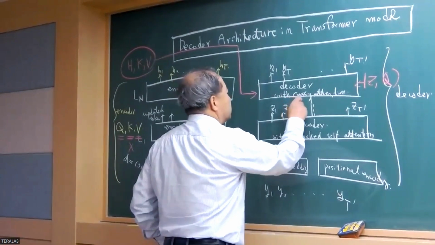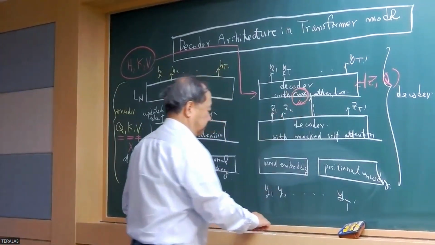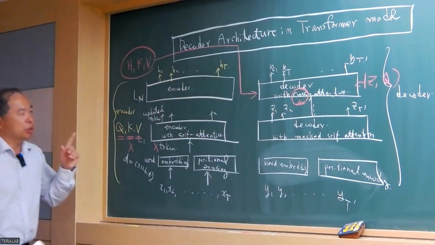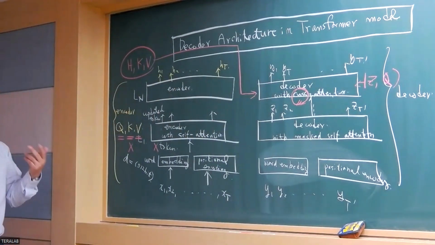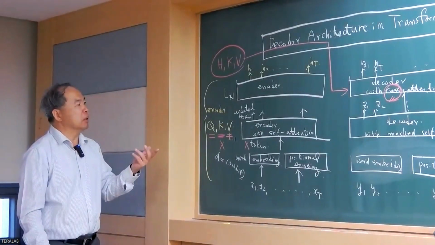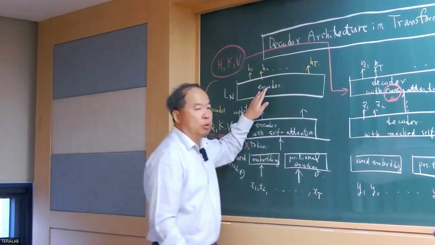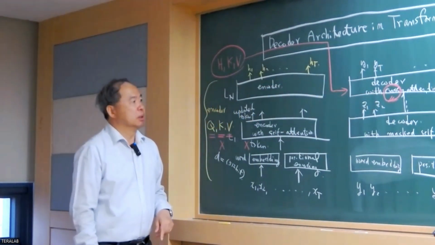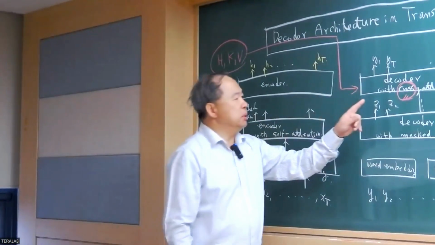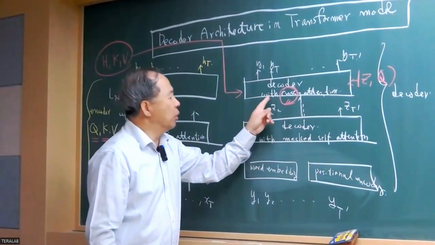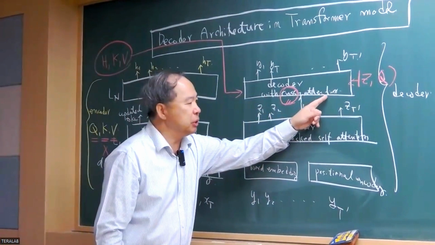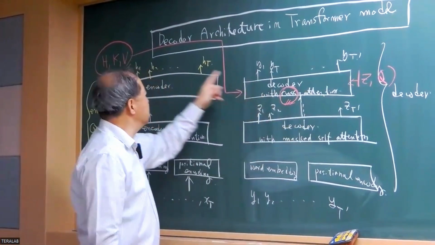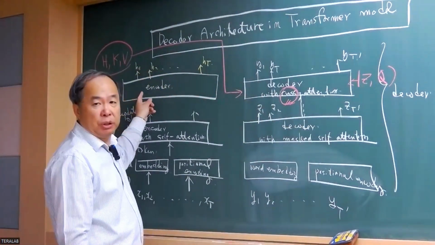That is called cross attention. Cross attention is a kind of matrix formalism to make a connection between encoder and decoder, and it means how much importance each word in the output sequence has to the output of the encoder.